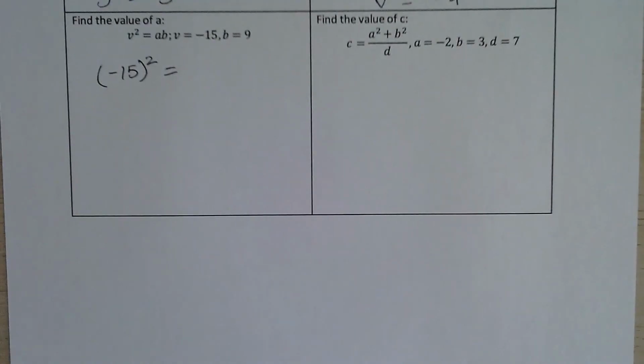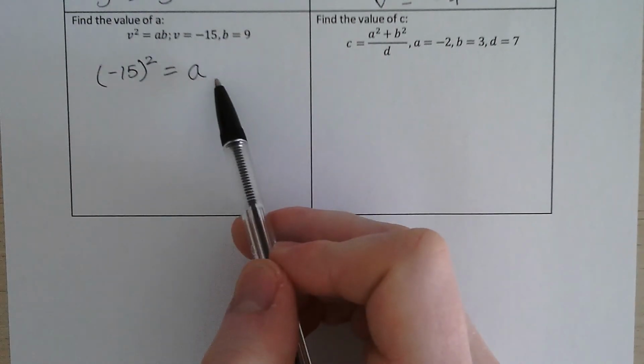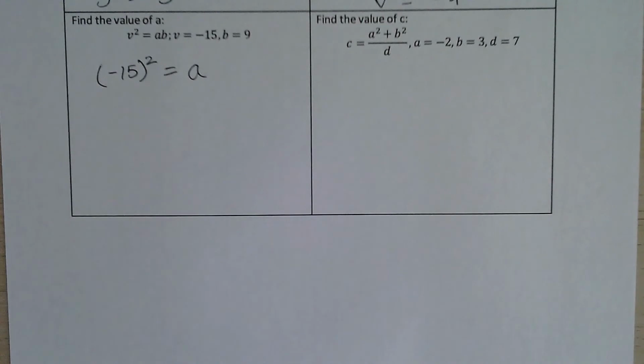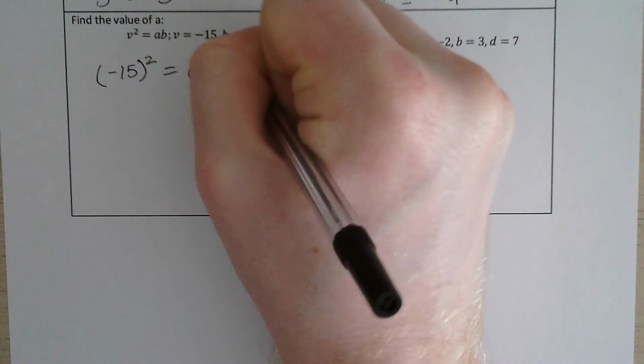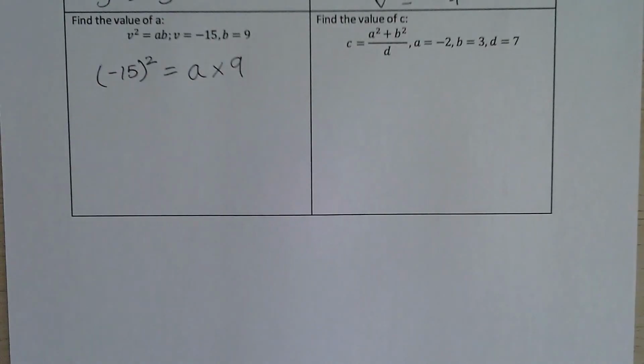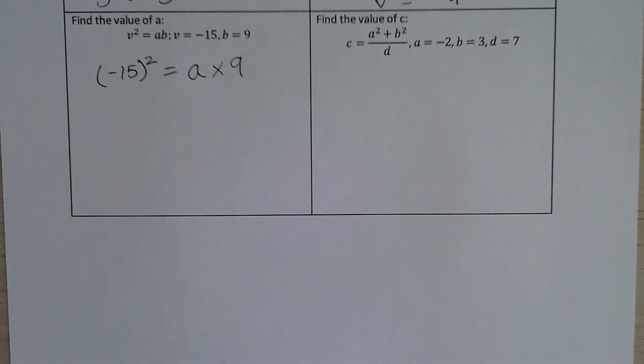A is still A, and B is 9. Now, I cannot write A and then a 9 after it, because that doesn't make any sense in maths. So, because A has been written first, I must write times by 9 with a multiplication symbol. If we do minus 15 times minus 15, well, because we have two negative numbers multiplying each other, we end up with a positive answer.